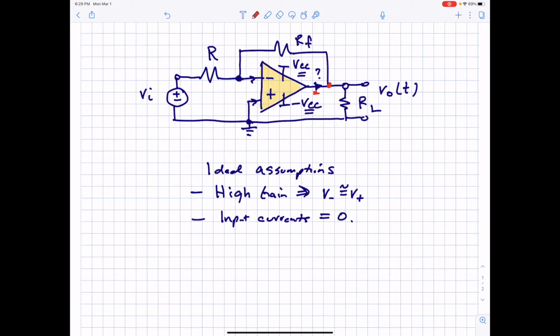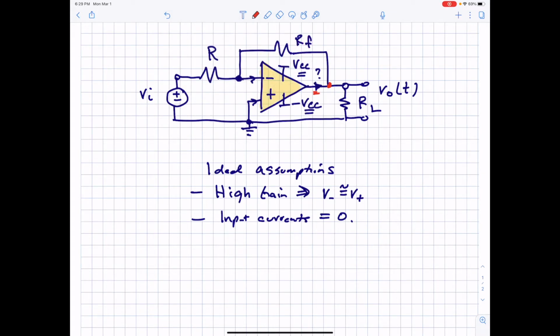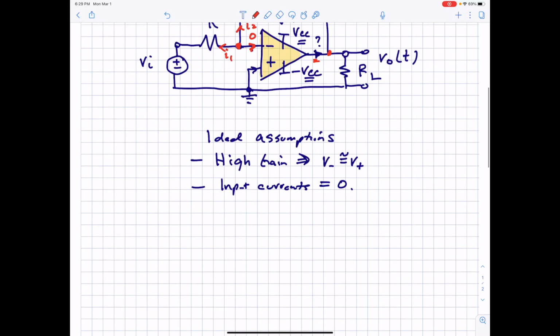Let's give an example. Here's a node, and we can look at the current coming out of the node here and here and here. For this one it's easy: it's zero coming in here. I'm going to call the other currents I1 and I2.